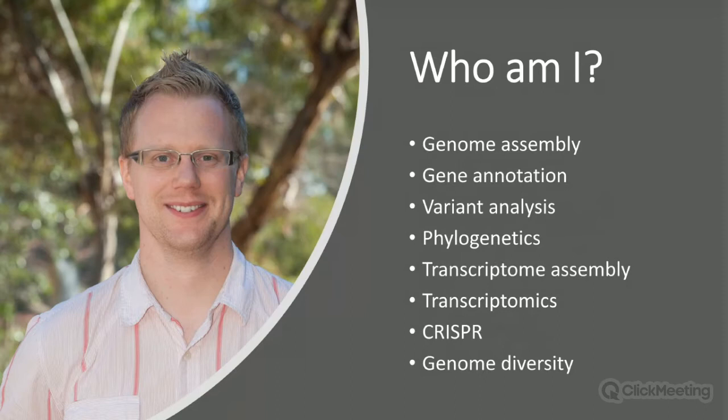The types of work that I've been involved with are in the area of genome assembly, gene annotations, and variant analysis. My PhD was in phylogenetics and molecular sequence analysis. I've done a fair amount of transcriptome assembly and transcriptomics, differential gene expression analysis, gene co-expression networks and things. I've also been involved with CRISPR studies and looking at genome diversity in general.